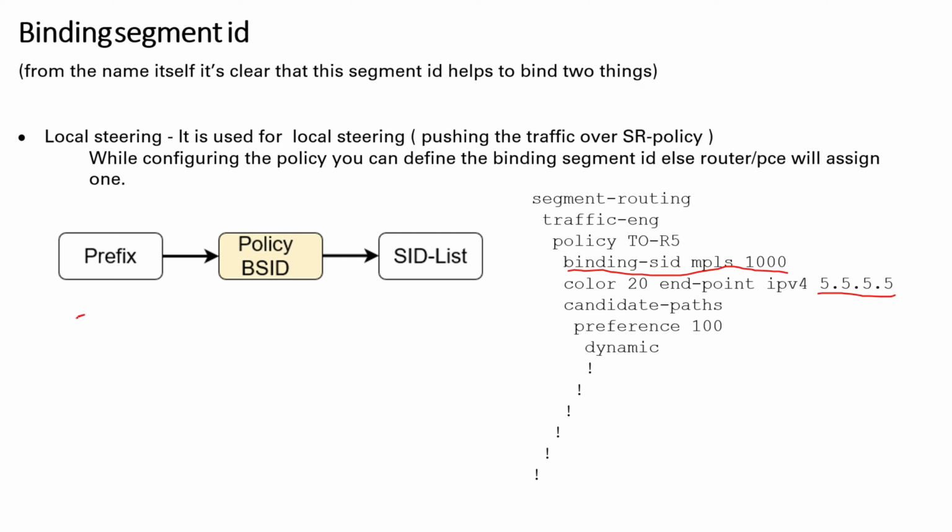Then the prefix 5.5.5.5 will point towards the binding SID 1000 and then towards the segment ID list which is available for this particular policy.